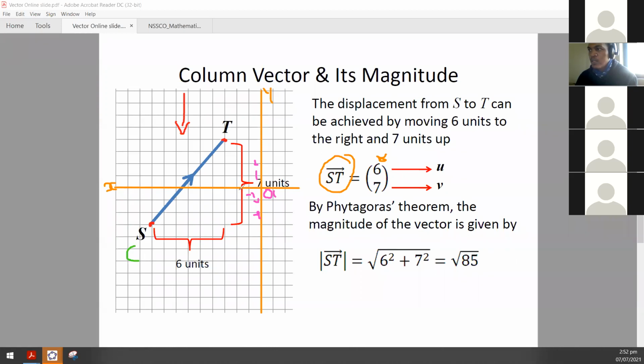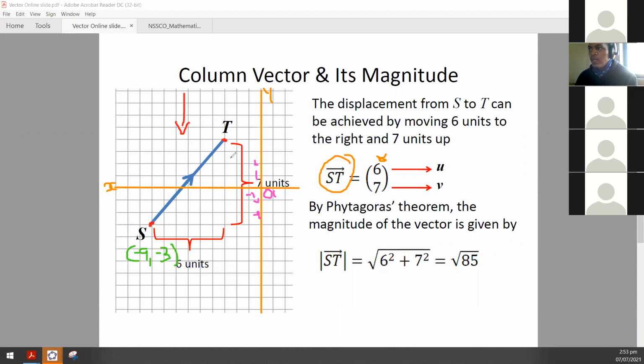It will be -1, 2, 3, 4, 5, 6, 7, 8, 9. So it will be -9 for the x value for S, and the y value will be -1, -2, -3. So the y value is -3. That is the coordinate for S.